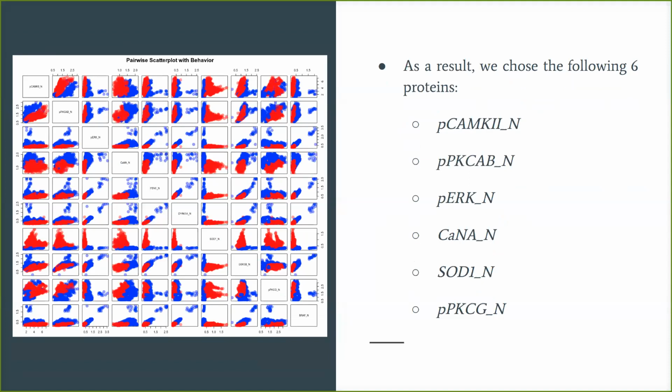Are any of these two found? Yeah, for the behavior, we choose the CANAN and the SOD1. CANAN and SOD1. Okay. Yeah, for behavior that was found, but they have a few more other things. Okay. But that is only for behavior only.